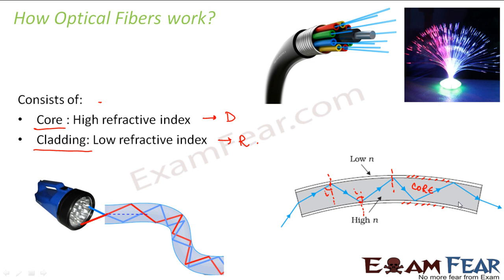And like this, the entire data gets transmitted with the help of these light waves, right? The light waves move throughout inside the optical fibers, and the entire data gets transmitted through them. So this is how data transmission takes place by the phenomenon of total internal reflection inside an optical fiber.